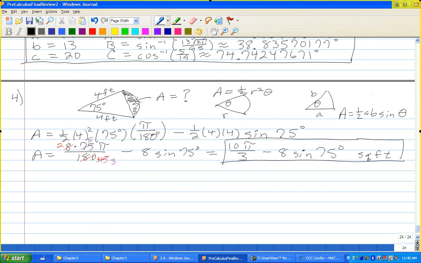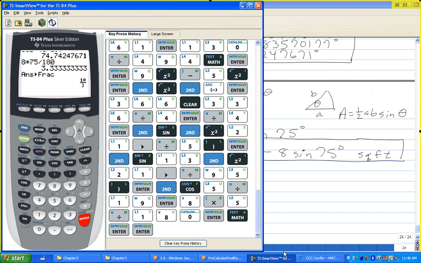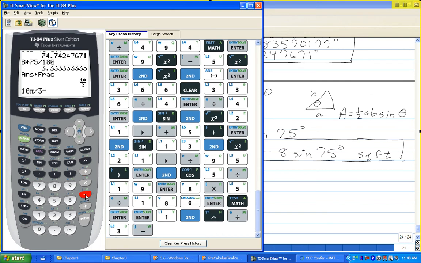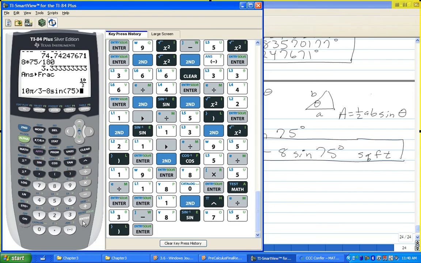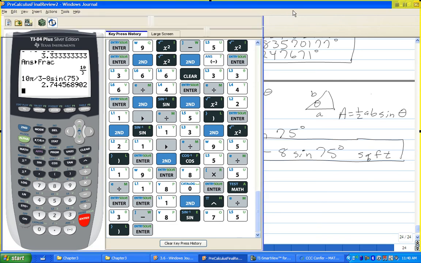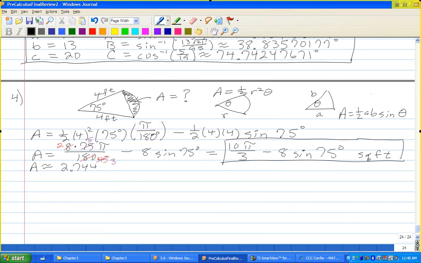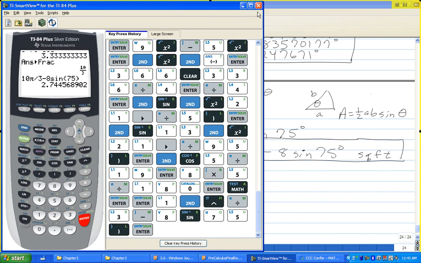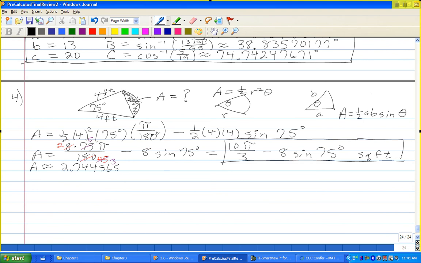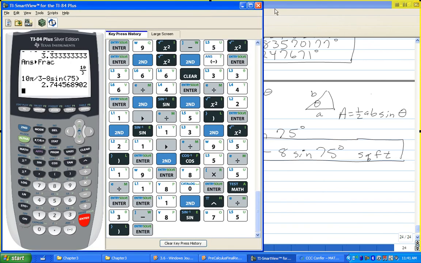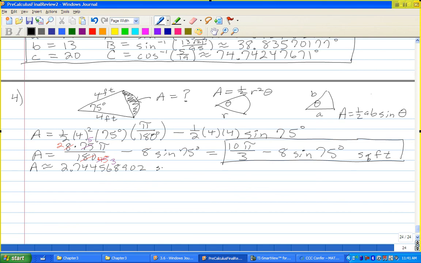And so it is approximately 10 pi over 3 minus 8 sine 75, 2.74568902 square feet.